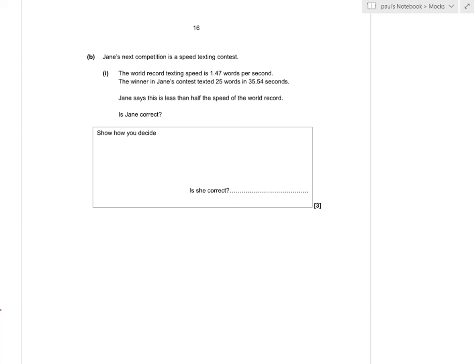So if we do 30 words per second, hang on, are we going to do this word divided by that? Oh no, that's how many seconds a word. So if we do 25 words divided by 35.54 seconds.